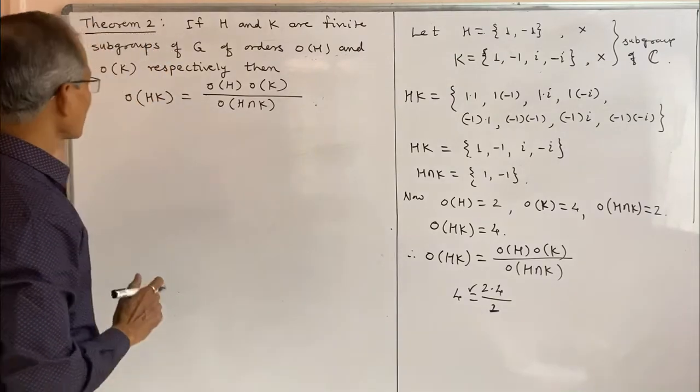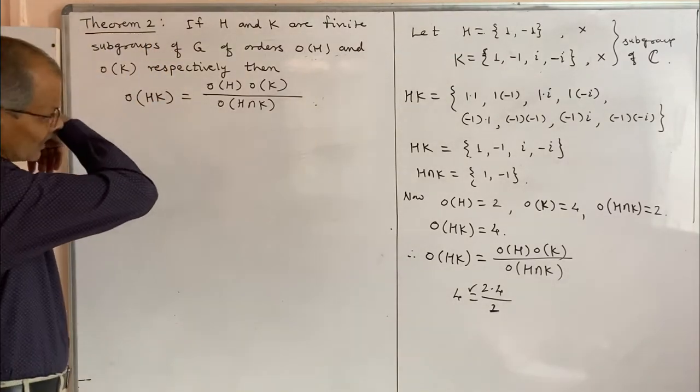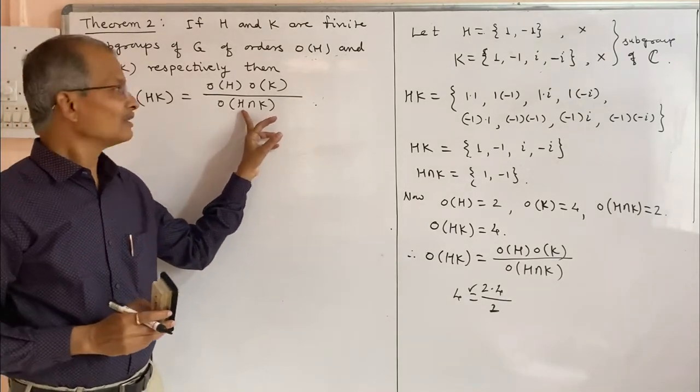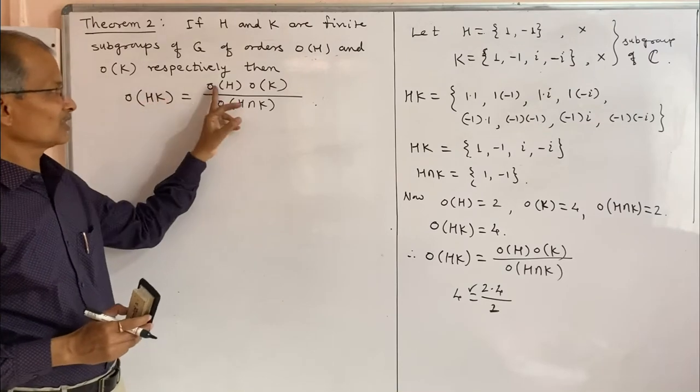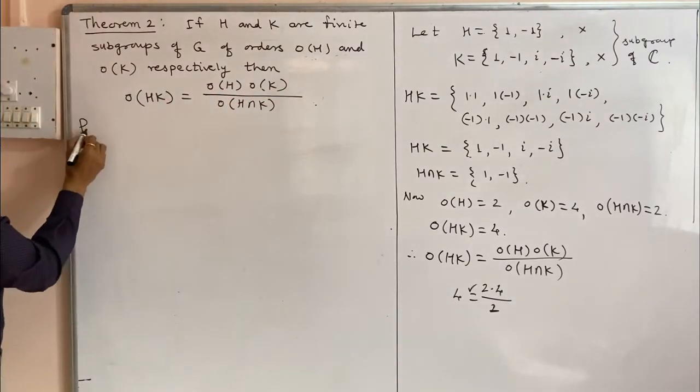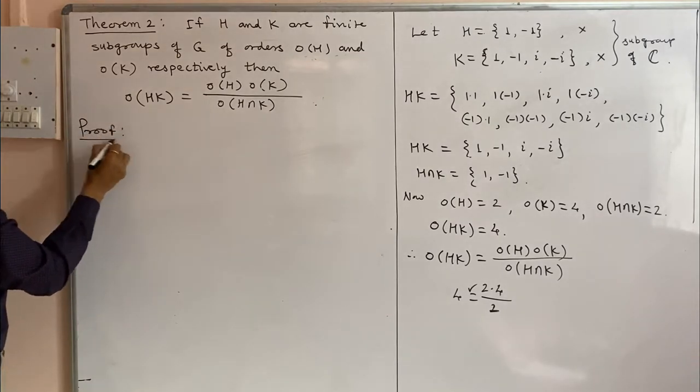So to prove it, we first have to consider two cases. When order of H intersection K is 1, that is, order of HK is equal to order of H into order of K. We will consider the proof.